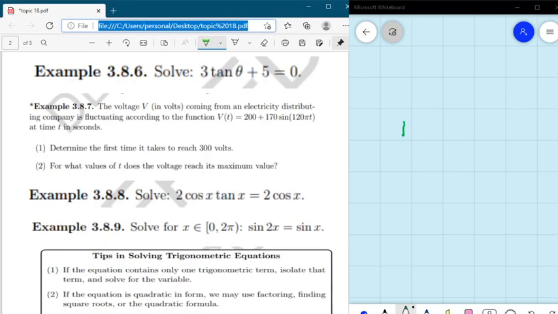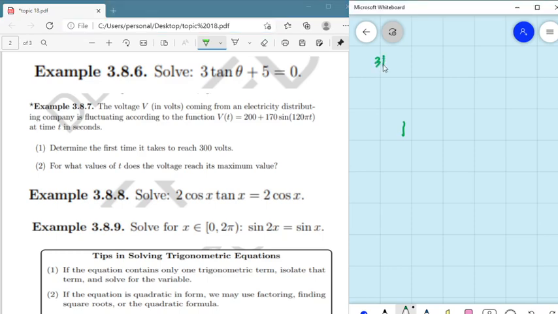Okay, next is example 3.8.6. We are going to solve 3 tangent of theta plus 5 is equal to 0. So to solve this one, we have to solve for tangent theta. So 3 tangent theta is equal to negative 5. So tangent theta is equal to negative 5 over 3.